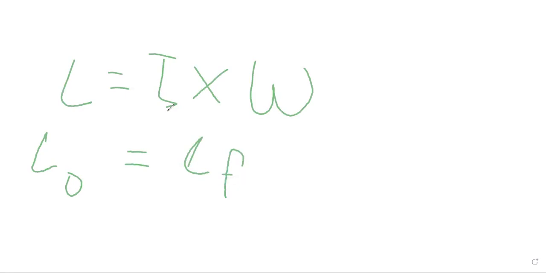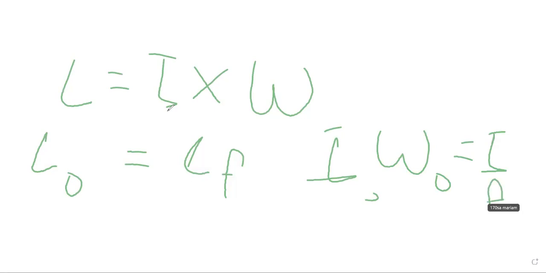What is the meaning of conserved? The final equals initial, and there's no change in the momentum. If there is a reduction in some variable, there is an increase in the other variable. Okay, so I initial times omega initial equals I final times omega final. So this is the meaning of conservation.